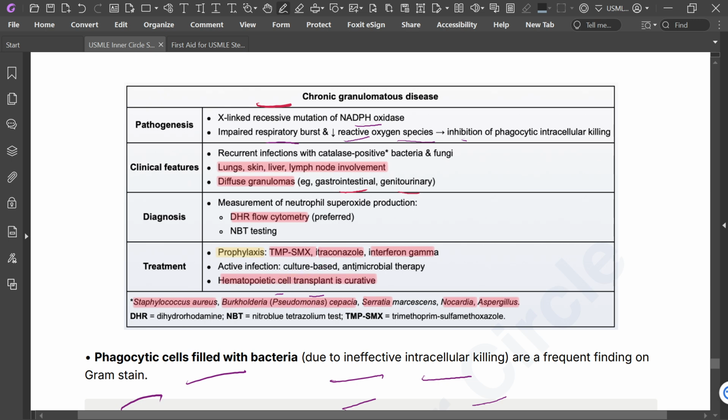For active infection, culture-based antimicrobial therapy should be given, and hematopoietic cell transplant is curative. Catalase positive organisms are Staph aureus, Burkholderia cepacia, Serratia marcescens, Nocardia, and Aspergillus.